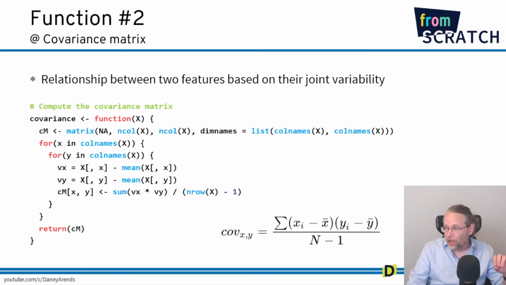So the next step is going to be computing the covariance matrix. So the idea behind covariance is that if you have two features, right, if one feature is higher than the average and the corresponding value of the other feature is also above the average, then that means that these two things are more or less similar, right?